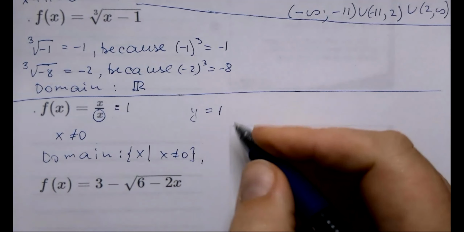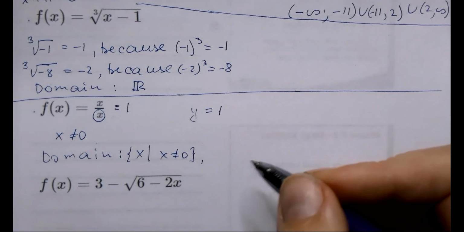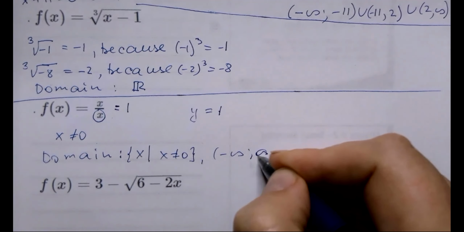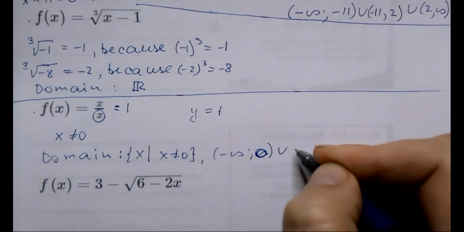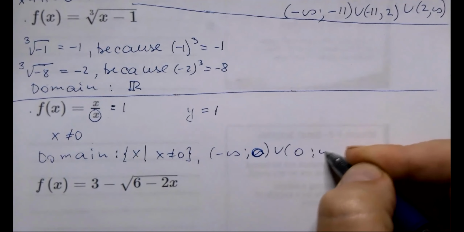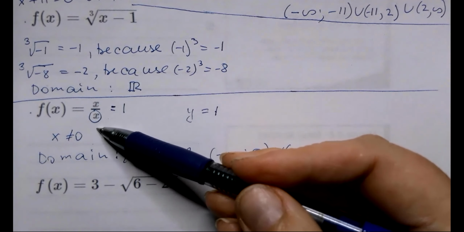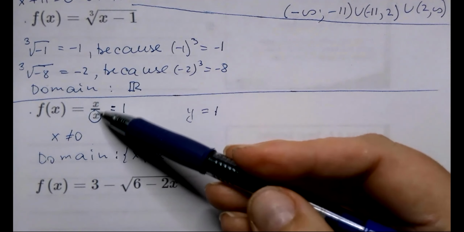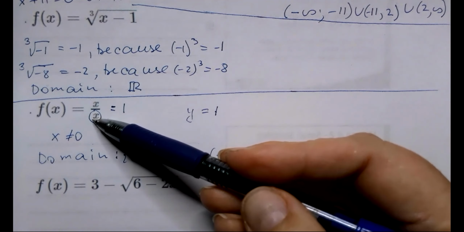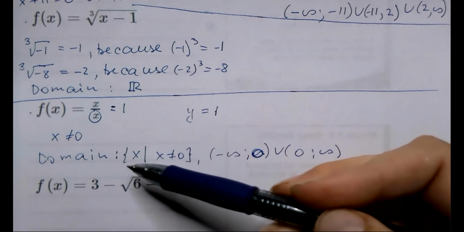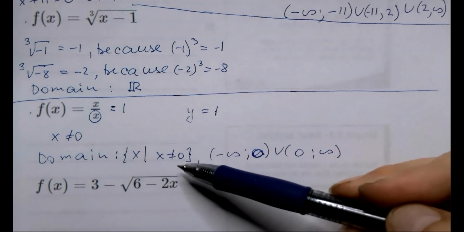Or if we wrote it in interval notation, it would be from -infinity to 0, and then from 0 to +infinity. All right, so that's this special case. The point is, even if your values simplify or cancel out, you still have to account for them in your domain.